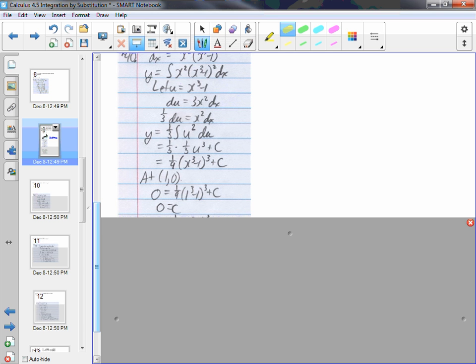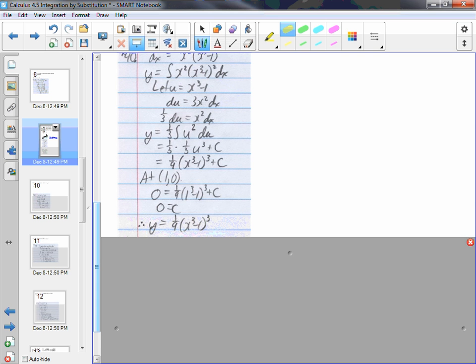So now I know what c equals. 0. So the particular solution of this differential equation at the point they gave us is y equals 1/9 times x cubed minus 1 quantity cubed. The solution of a differential equation is a function. So that's the function.